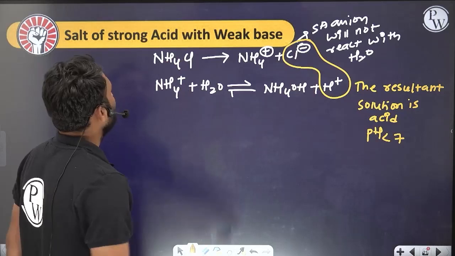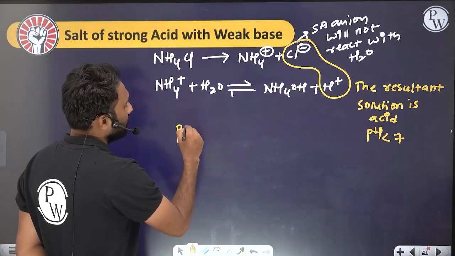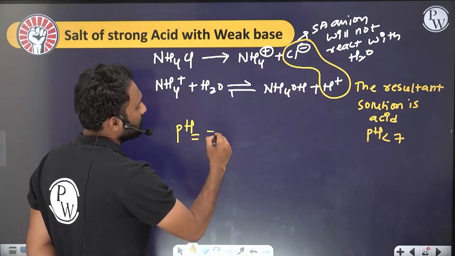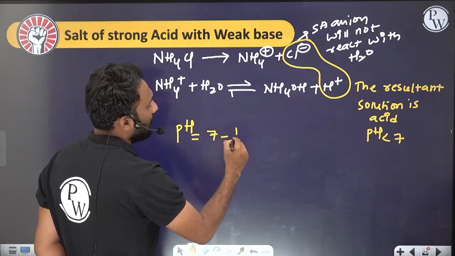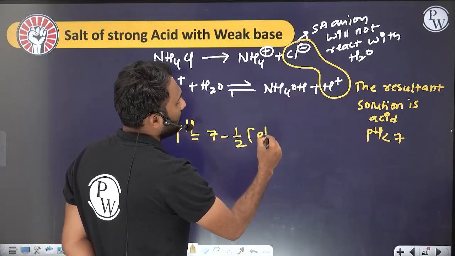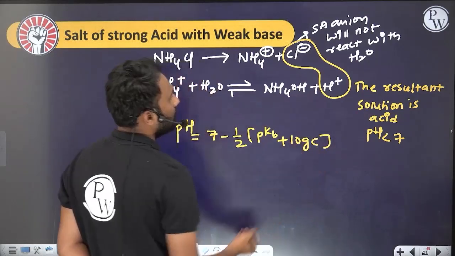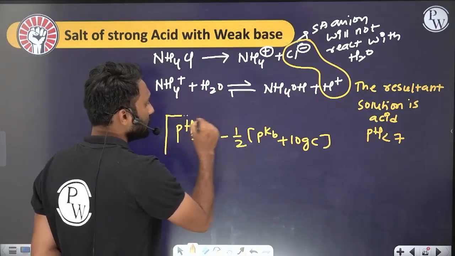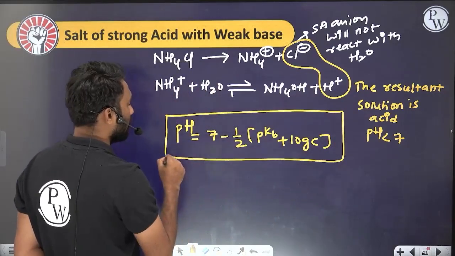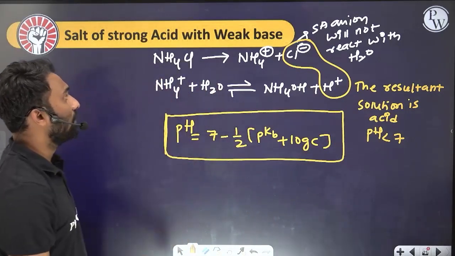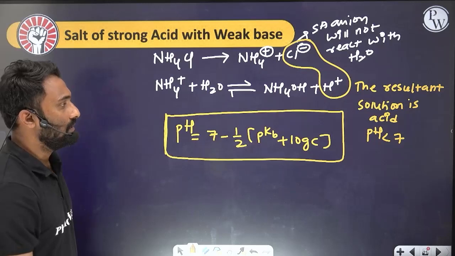Now the pH formula becomes 7 minus half pKb plus log C. So this is the formula for the salt of strong acid with a weak base.